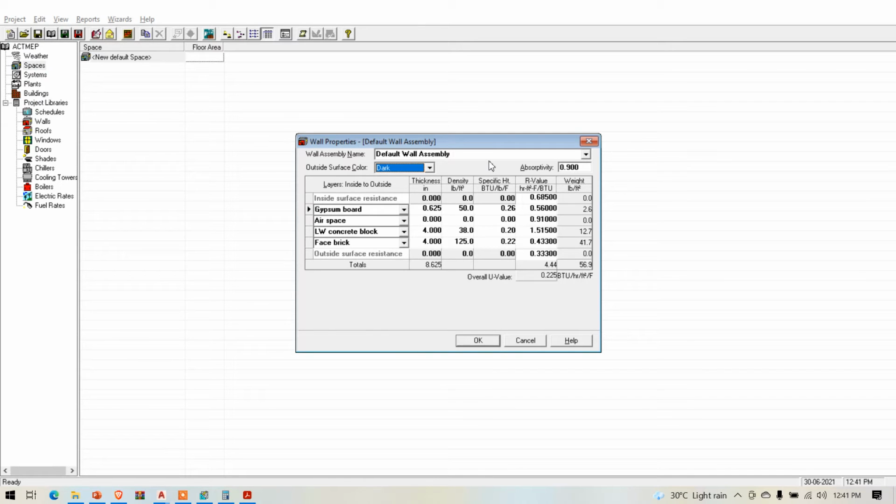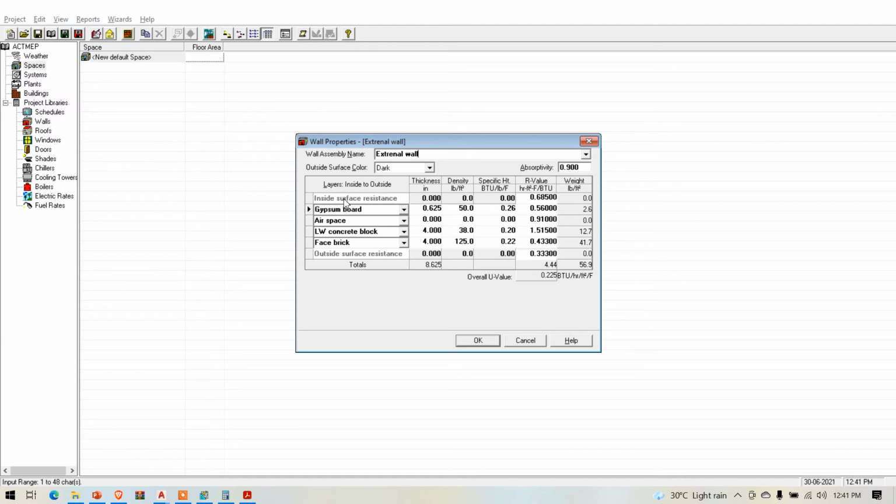Here we can write the wall assembly name, what type of wall it is. I am going to consider this an external wall. And here absorptivity is 90%, that is 0.9. Now we have to provide the wall materials, what materials they are using here.